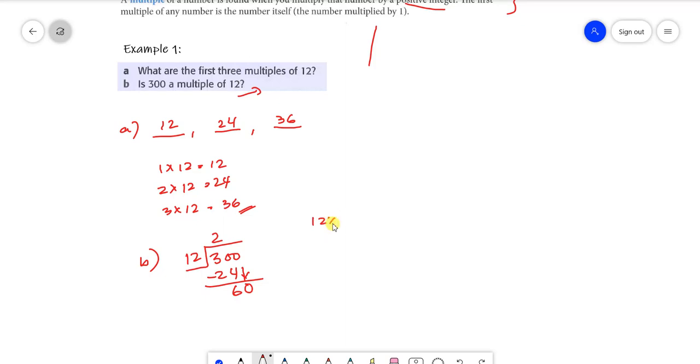So 12 times 5 is 60. Yes. So we have 0 as the remainder. Which means that 300 is divisible by 12. That is why 300 is also a multiple of 12.